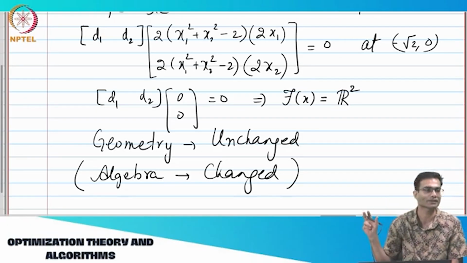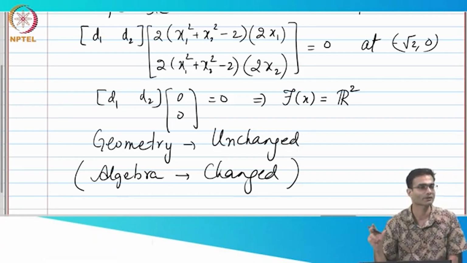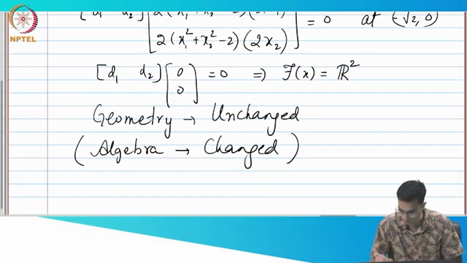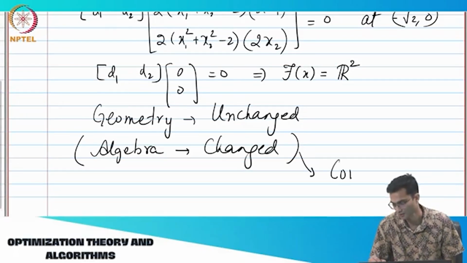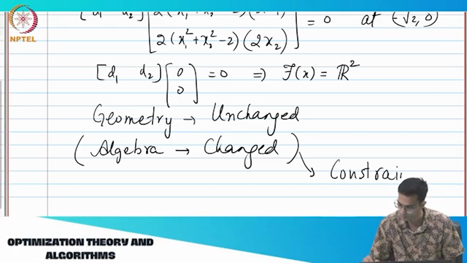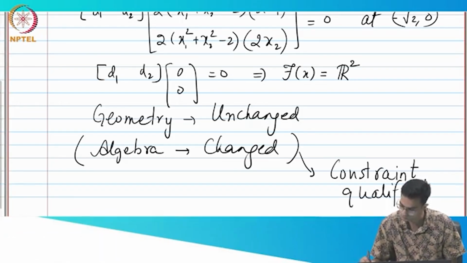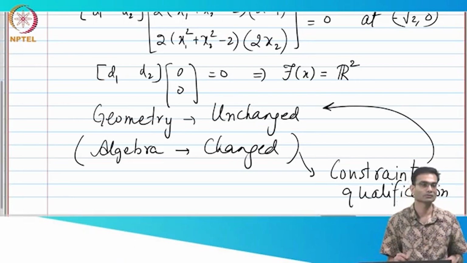Now that missing link is what is called constraint qualification. Okay, which we will talk about. So you have to pass this through a filter, think of it as a filter of constraint qualification, to kind of restore the balance with geometry.